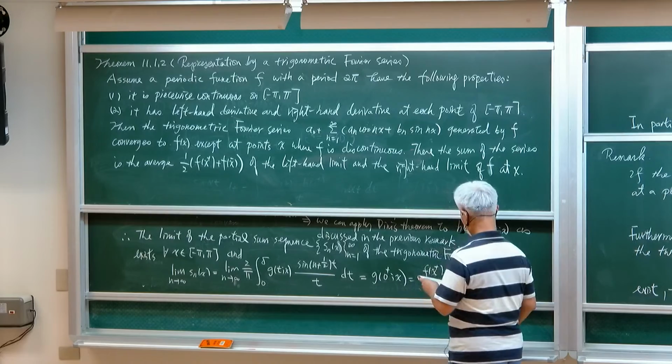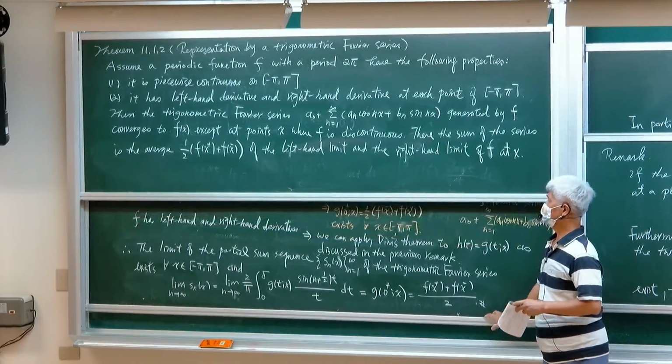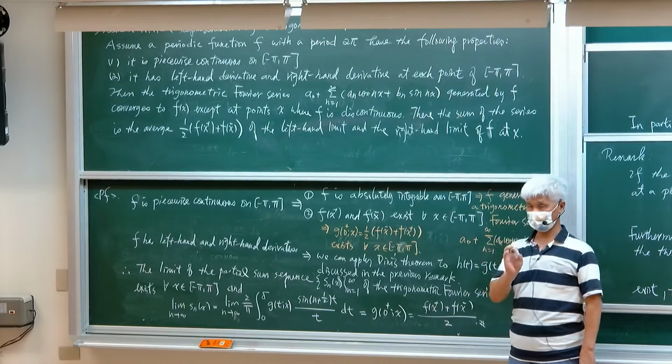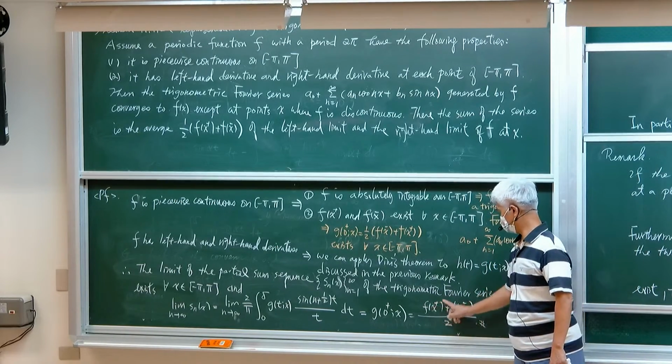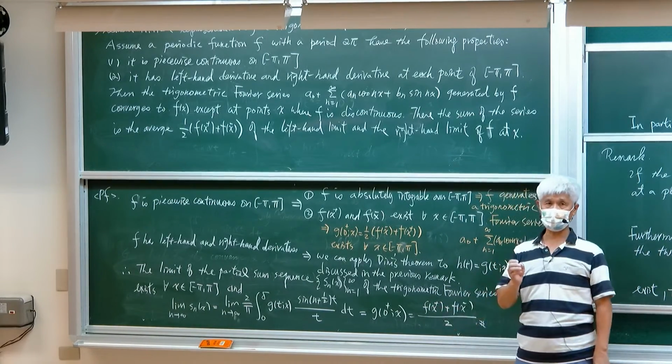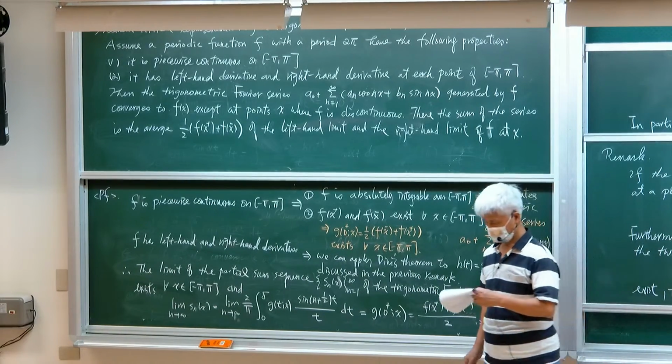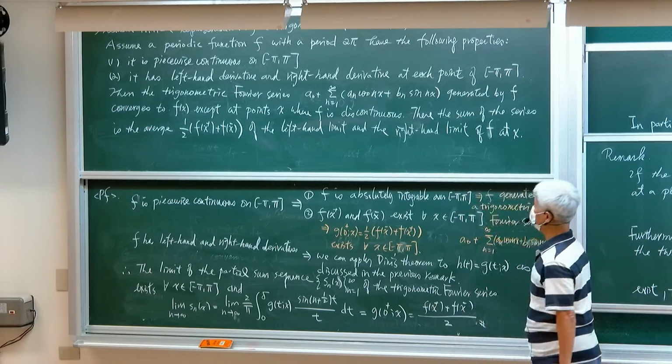So when f is continuous at x, of course this average is just equal to f of x. Any questions?